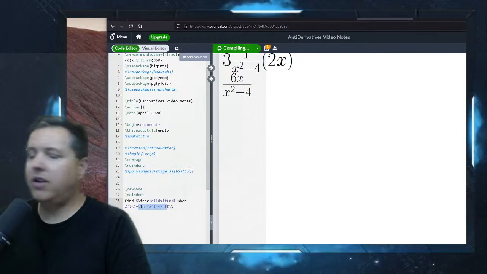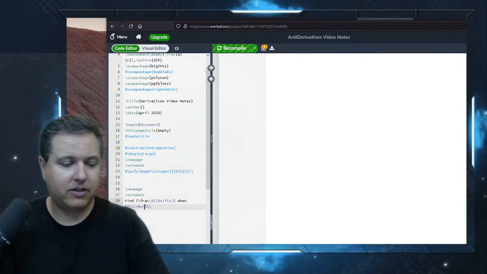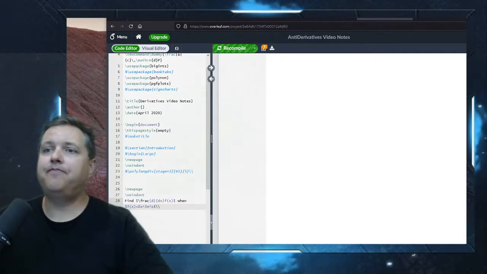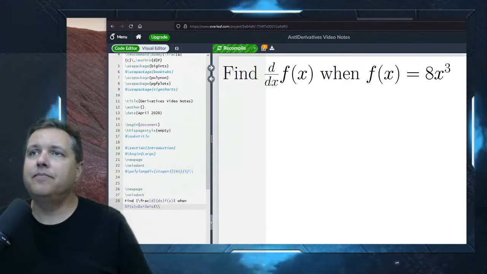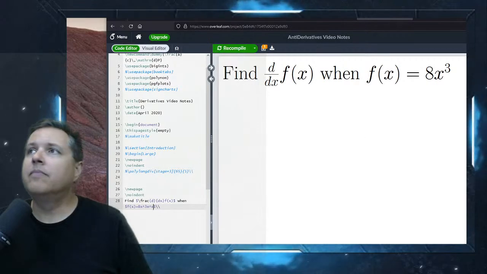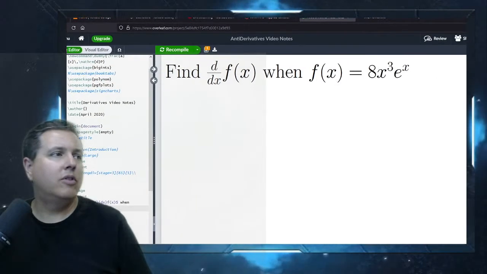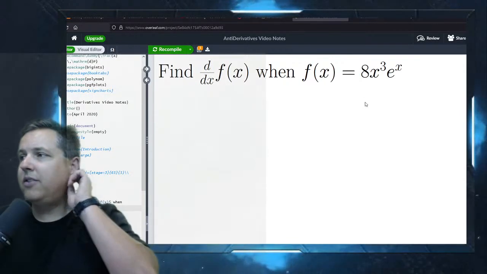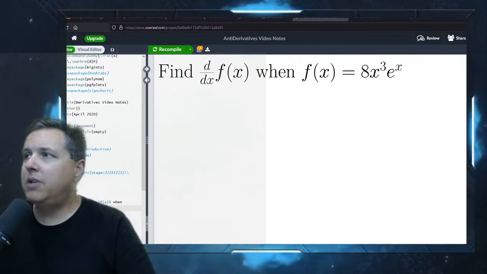So we want the derivative of 8x cubed e to the x. Okay, so find the derivative of 8x cubed e to the x.